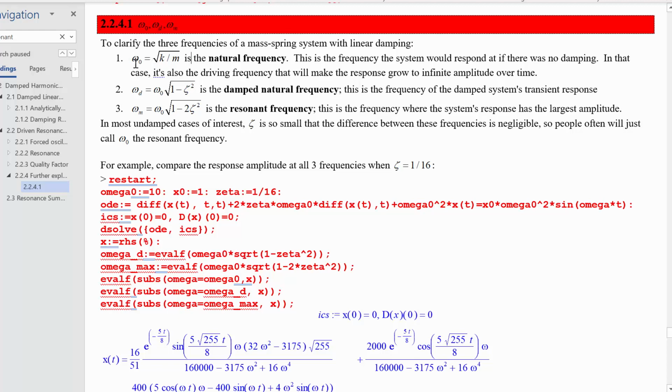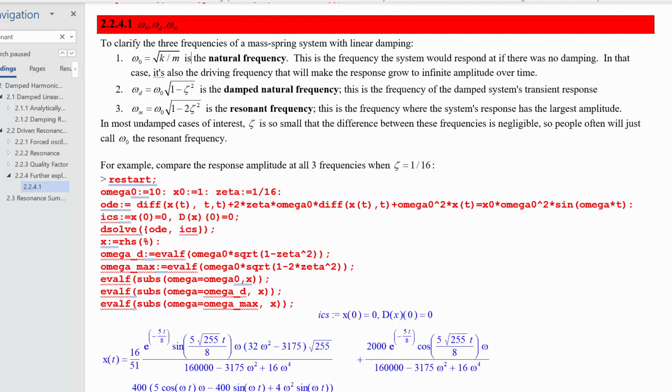And that's why the max amplitude is not at the natural frequency, but just slightly below it. You have more amplitude there because there's less energy lost to damping, because the velocity is lower, not due to a smaller position amplitude, but because the frequency is lower.